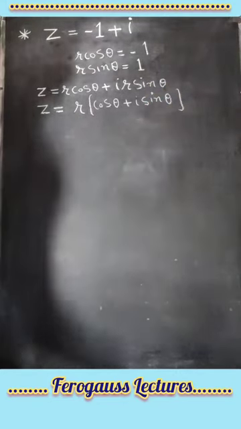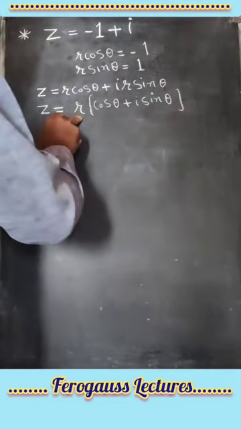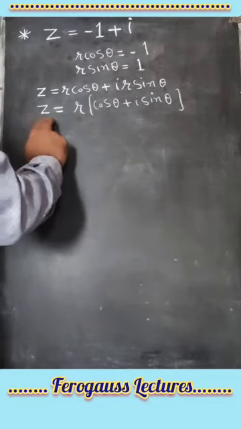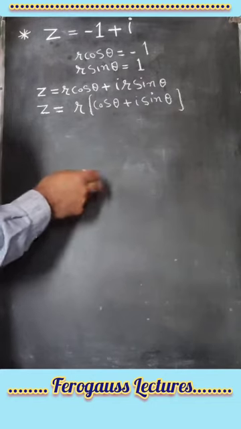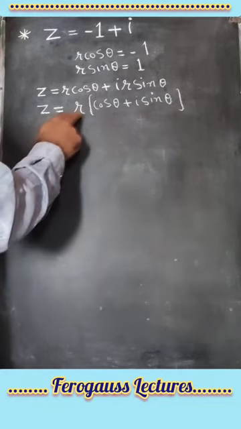Now here r is modulus of the complex number z and theta is argument of the complex number z. And we have to find both r and theta.